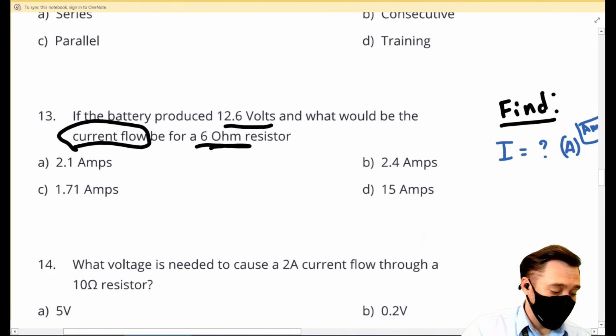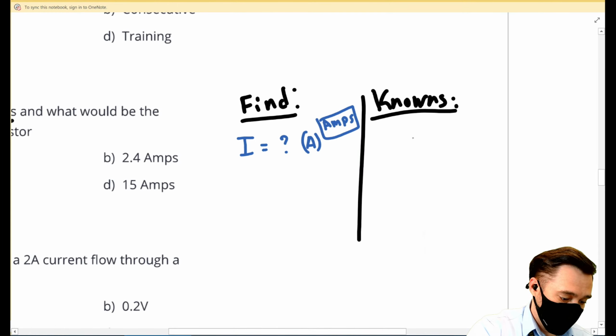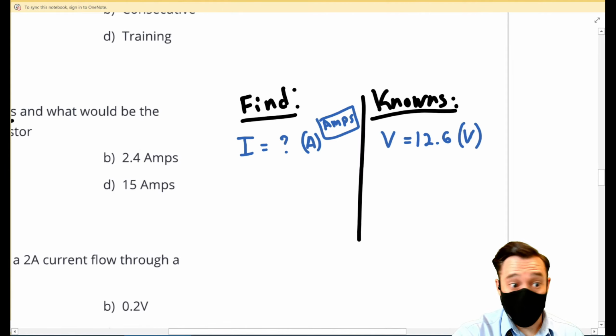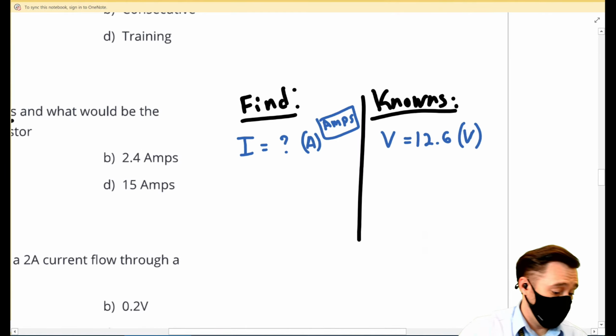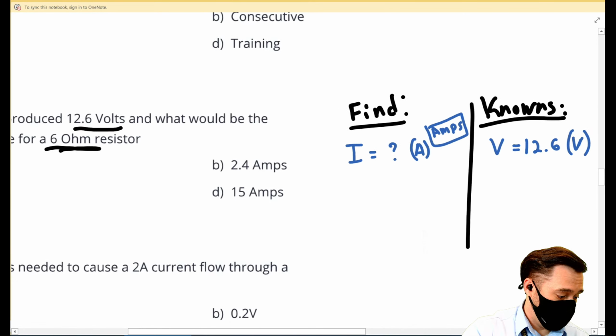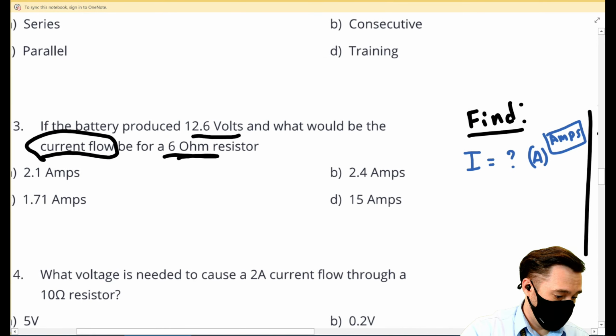And then we have 12.6 volts. So 12.6, and volts is a capital V. The variable that represents volts is a capital V. And then 6 ohms.